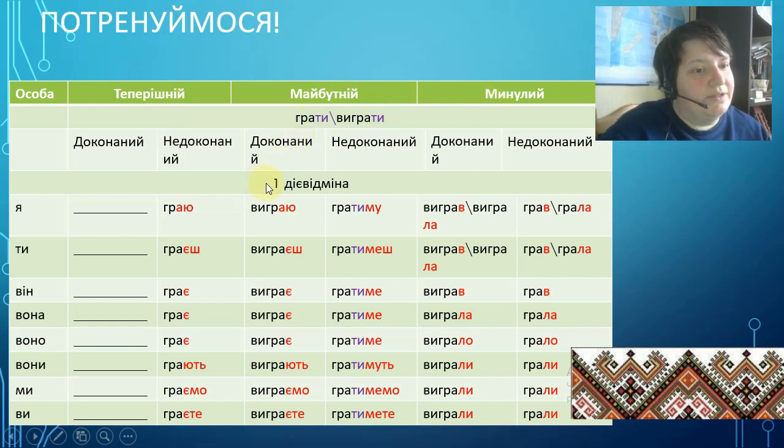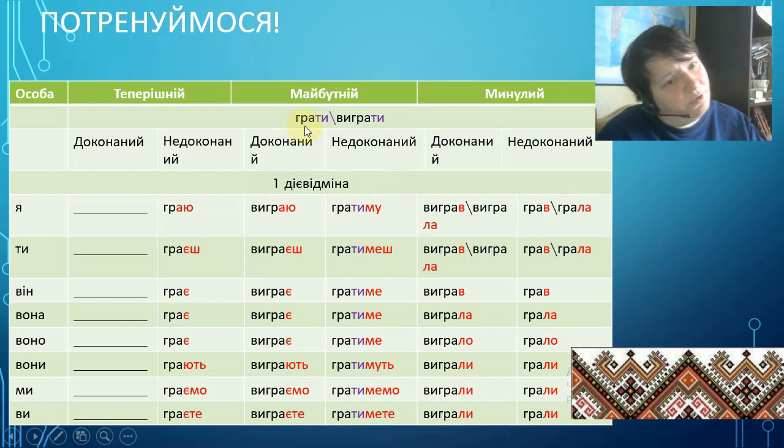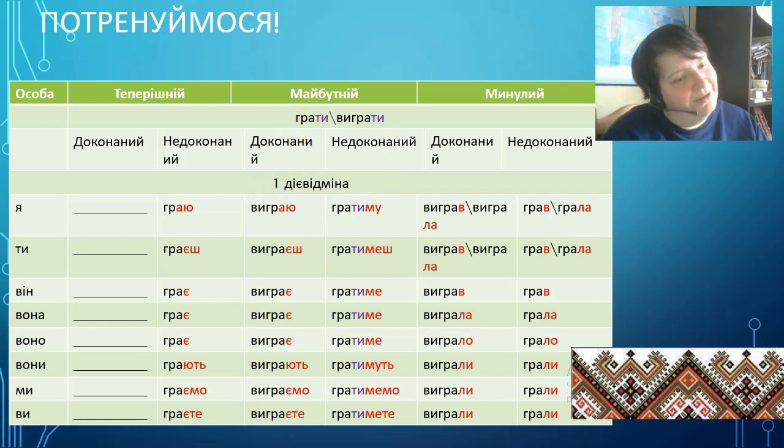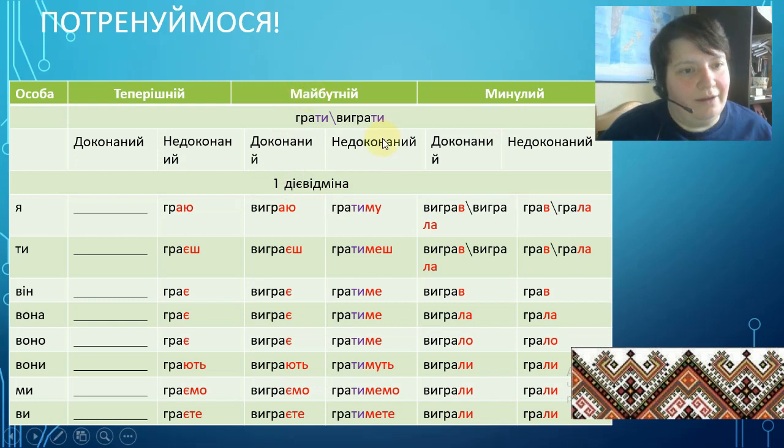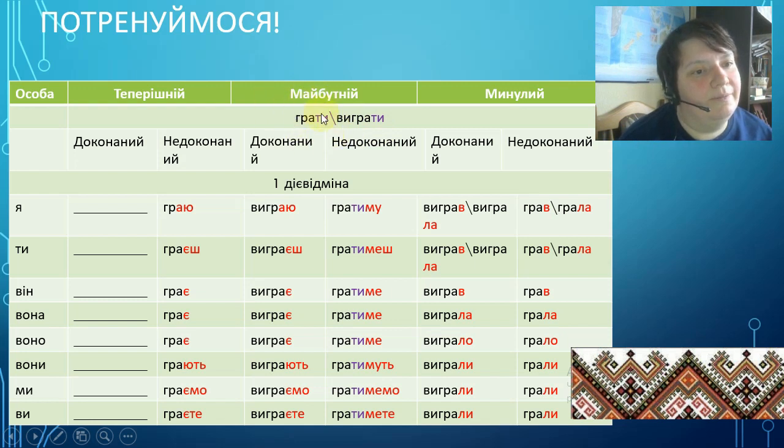And the first type of conjugation I took for the example the verb грати, to play, виграти, to win. So this is the imperfective state, and this is the perfective state. So, and here is all the endings.